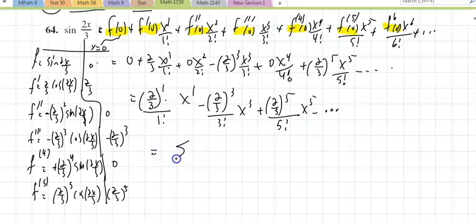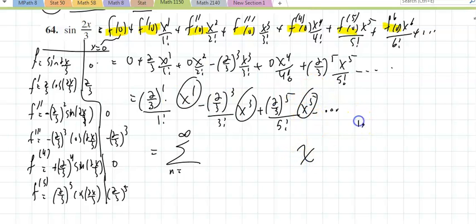That would equal the series n equal to infinity. And let's see. If we tie everything to x, that's why we always want x. 1, 3, 5, you could use arithmetic, or you could say that's 2n minus 1 or 2n plus 1. Even is 2n, odd is 2n plus 1 or 2n minus 1.